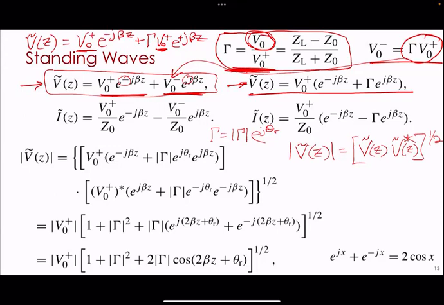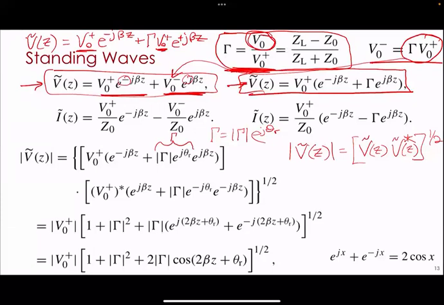So if we look back up to our slightly modified expression for voltage on the transmission line, up the top right, we want to get that one first, right? That's just regular old V at Z. But we could just plug in our definition of what gamma is. So V0 plus e to the minus j beta z, this is just regular old gamma broken up into its magnitude and its phase.